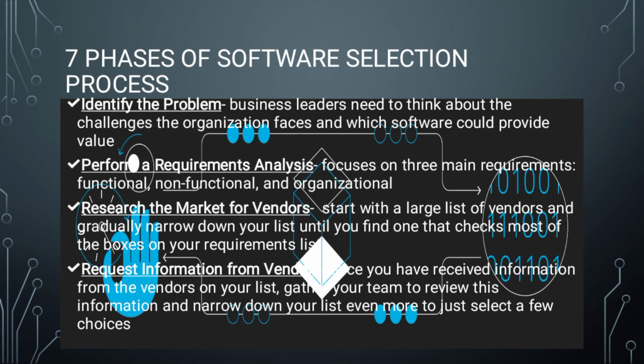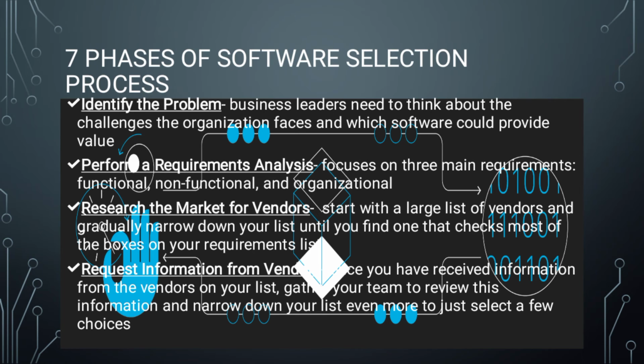Our requirements analysis focuses on the three main requirements. First is the functional, second is non functional, and the third is organizational. Going through the requirements analysis process will result in a requirements document that you can reference in the future.